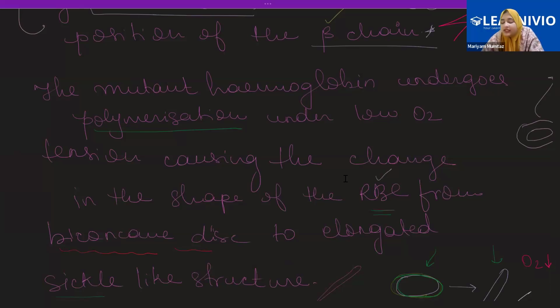Now, my question is, we know that this is a demerit, the person is having a disorder, but how is this disease helpful in one way? Can someone tell me? This disease is helpful in one way, a very twisted way, but it is. Who can tell me?